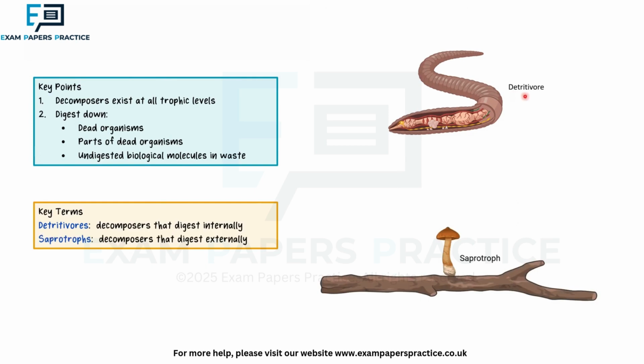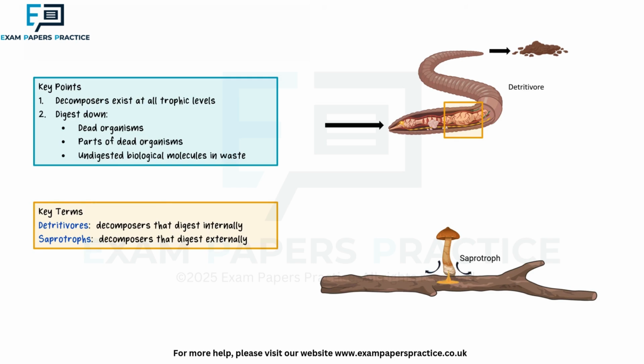Detritivores rely on internal digestion, like an earthworm who consumes dead organic tissue, then digests it internally and excretes waste. Saprotrophs digest externally, like some fungi and bacteria. If you've ever noticed a mushroom growing on a fallen log, the log is dead organic matter, and the mushroom growing there is secreting digestive enzymes onto the surface of the log.